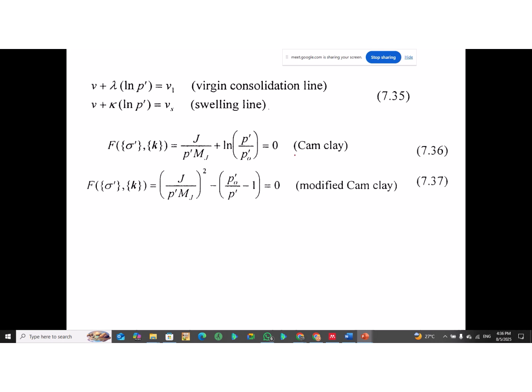So I told you we originally have ChemClay and the modified ChemClay model. We always said these equations are functions of the stress and K, which are material parameters. I hope you can see that, because P and J of course are the stress, and M, J are the material parameters.